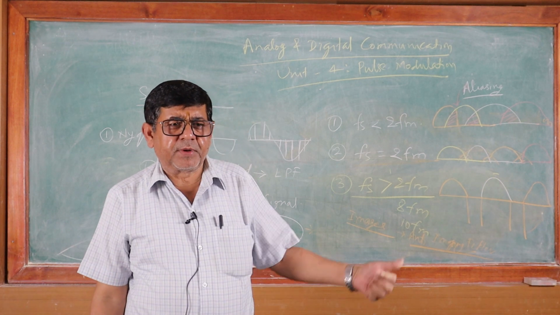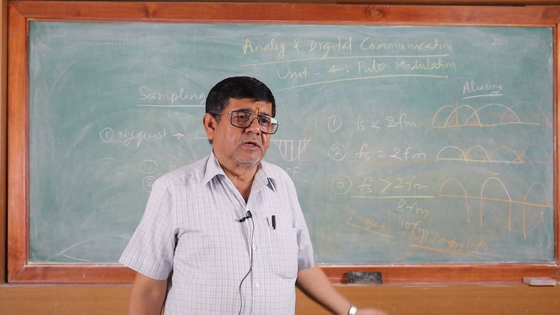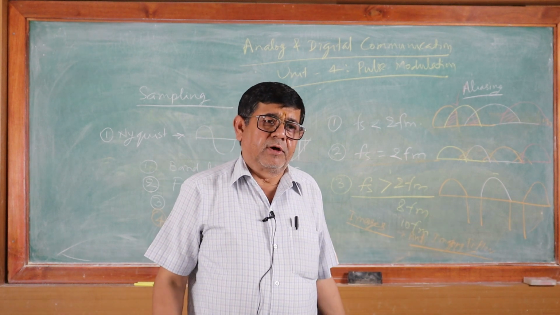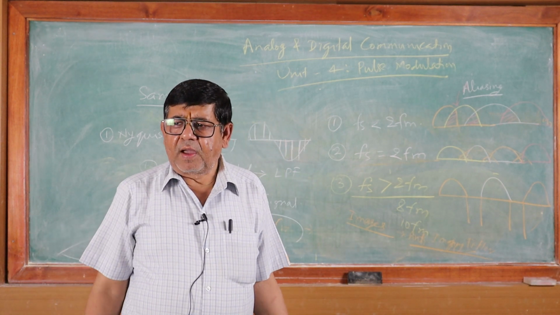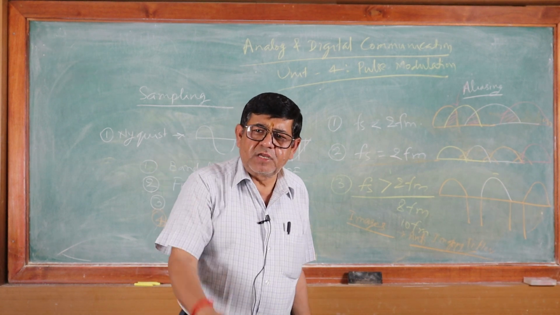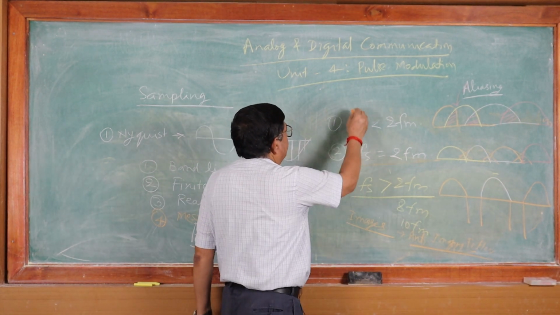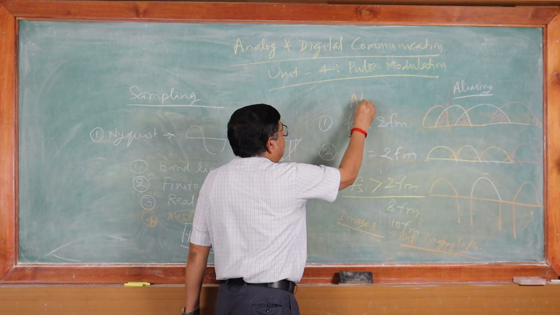Recently I published a paper, presented at Mahindra University. My paper was titled on multi-rate sampling for our 5G or 6G communication systems. So if we use a low sampling rate, what problem will we get? We will get aliasing. If it is low, then we will get aliasing.